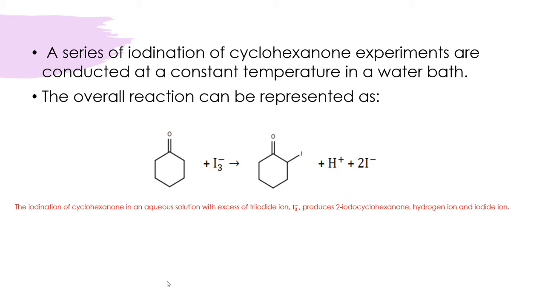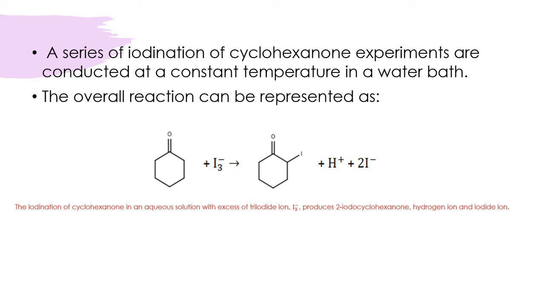So you use a spectrophotometer to measure the absorbance of visible light by the I3-. The I3- ion will absorb some colors of visible light, allowing only reddish and orange light to pass through.